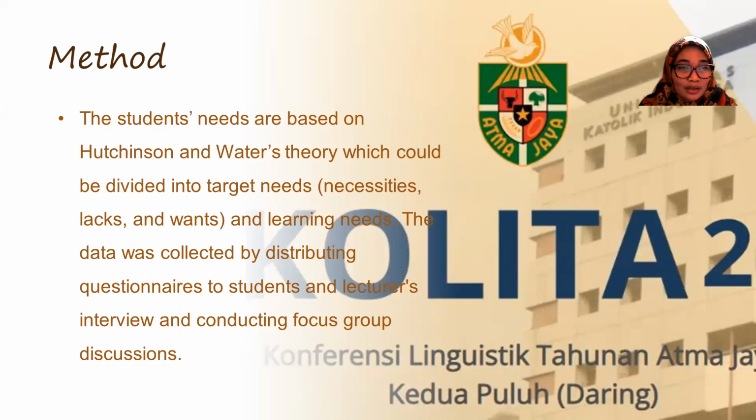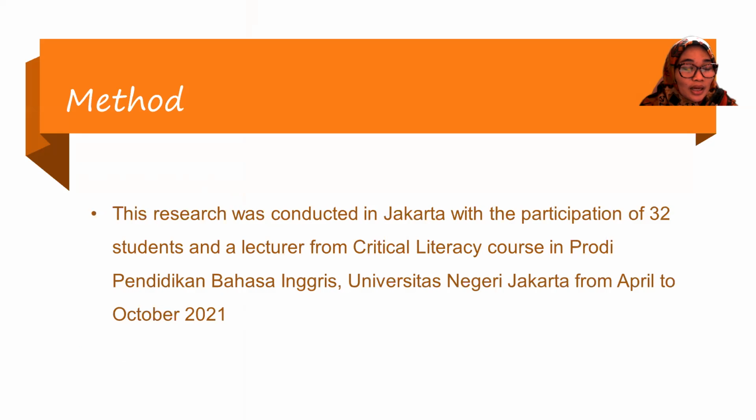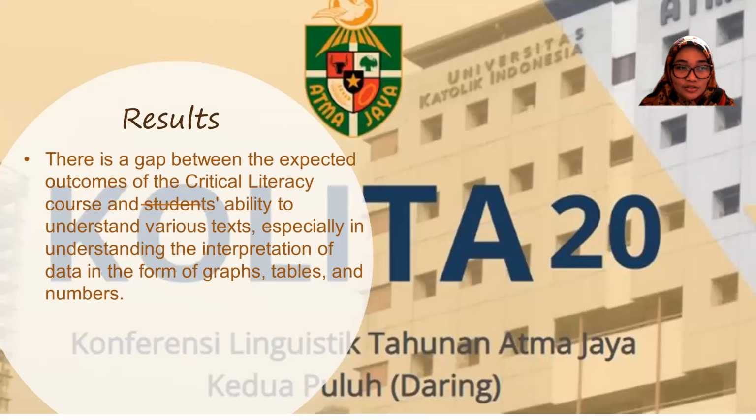With the method, we divided it into the students' needs from the Hutchinson and Waters theory and the learning needs, and the data were collected by distributing questionnaires to students and lecturers, interviews, and conducting a focus group discussion. This research was conducted in Jakarta with the participation of 32 students and lecturers from the critical literacy course in the English Education Study Program, Universitas Negeri Jakarta.